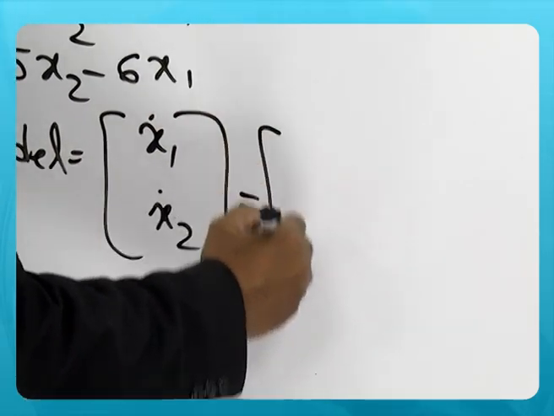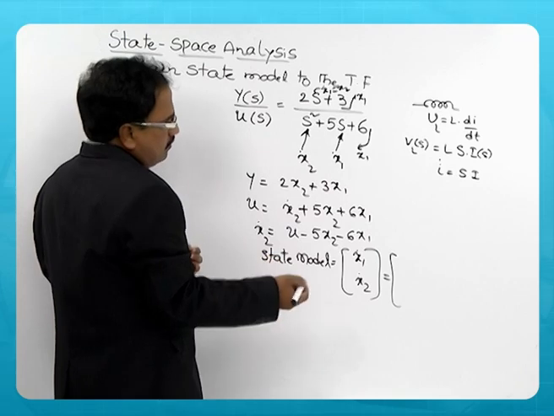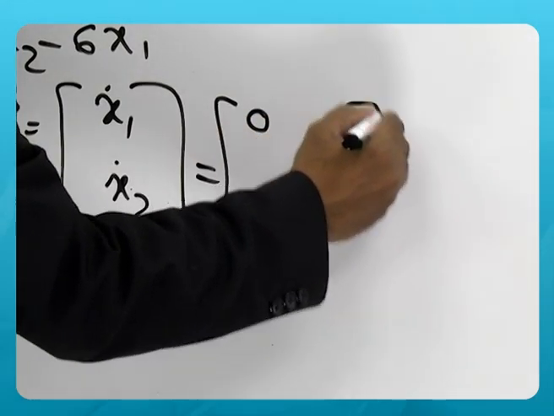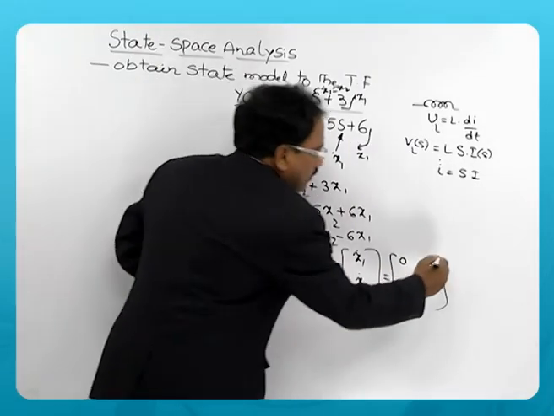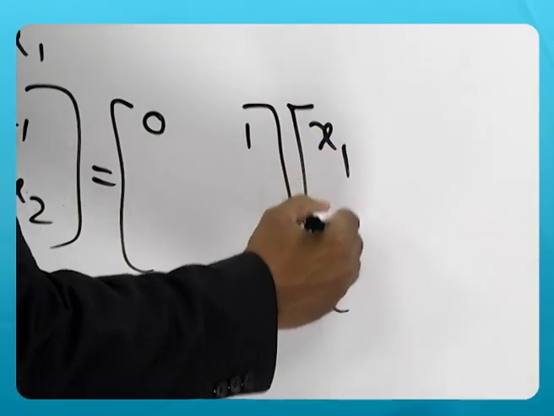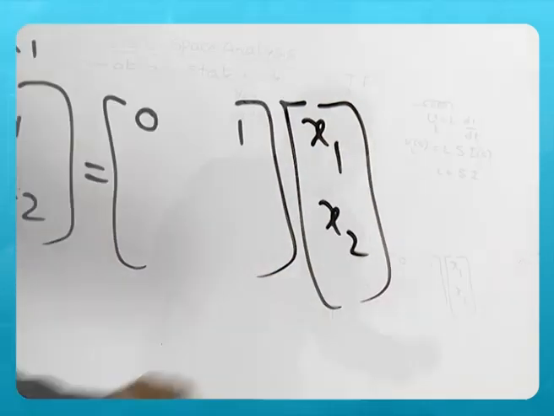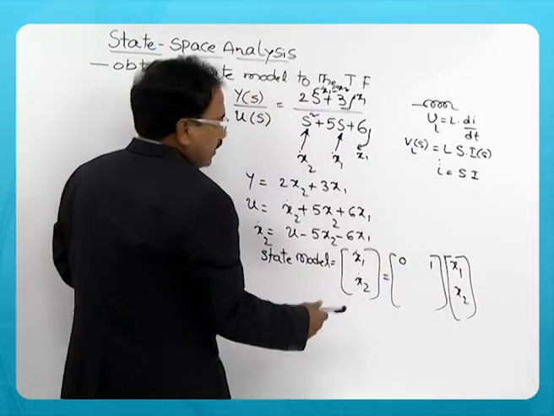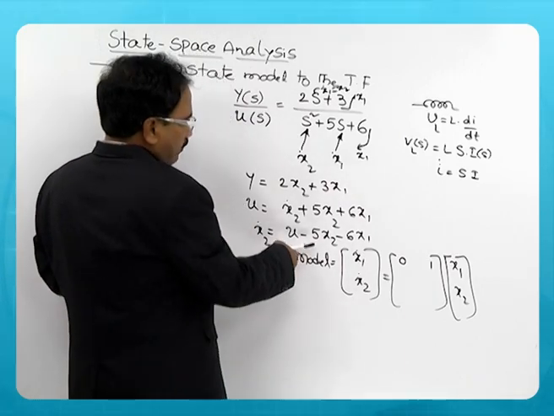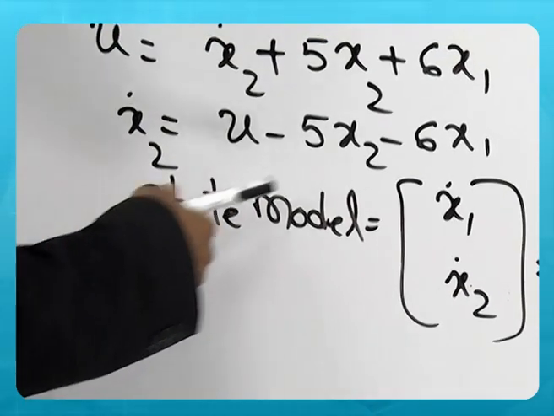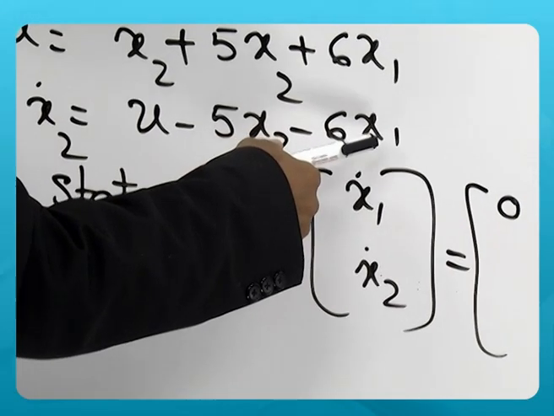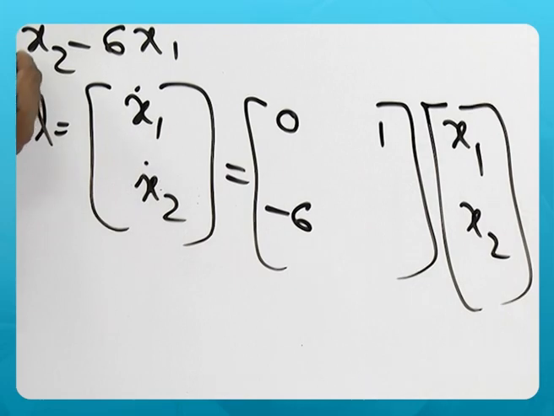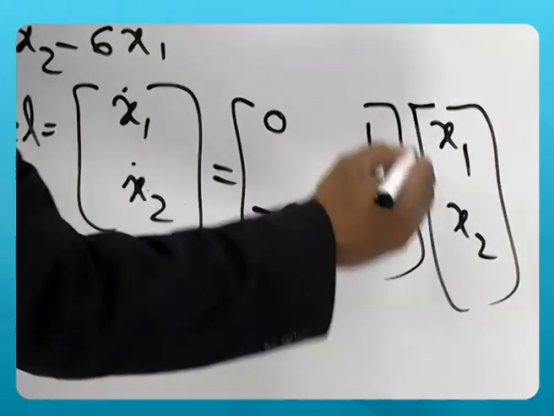This is equal to, as x1 dot is equal to x2, so the first row will be 0 and 1, and this will be the state vector x1 and x2. So x1 dot is equal to x2, and the second row is from this equation x2 dot. So x1 coefficient is minus 6 and x2 coefficient is minus 5.